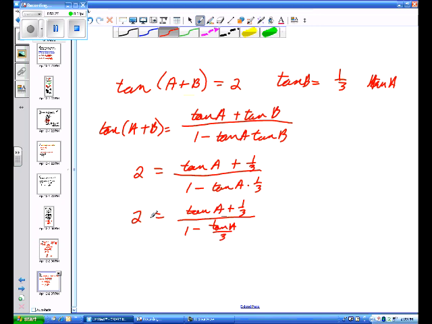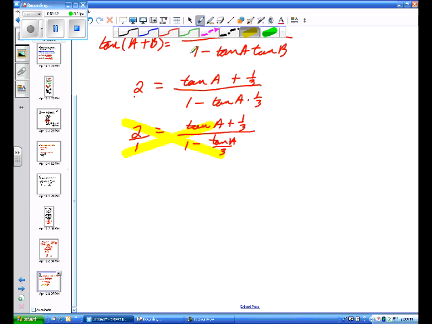over 3. Now, this is a ratio, so we can do our cross product. We can treat this as 2 over 1, and we can do the cross product. 2 times this is equal to 1 times this.